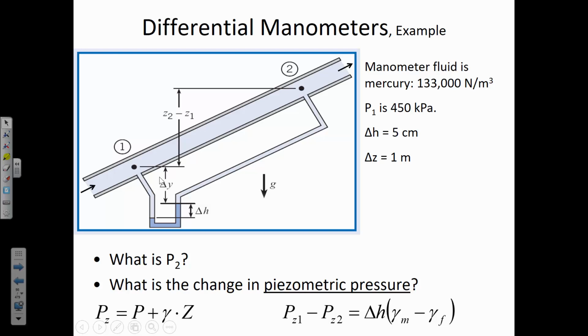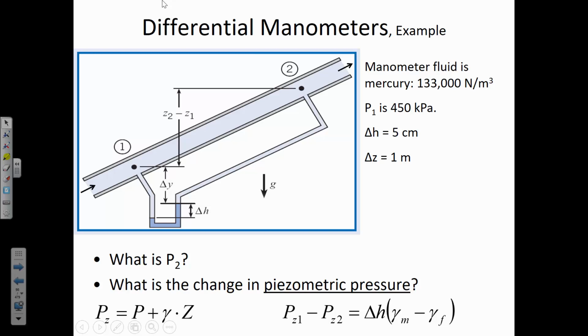And so the way it works is that P1 is where we begin, and we're going down through the fluid a distance of delta Y, so plus, because we're going down, and then the unit weight that we should use here is the unit weight of water, plus delta H times the unit weight of water, because we went, first of all, down this distance, and then we're going to go down a little bit more. We're going to go down the distance delta H. So that's the second step here.